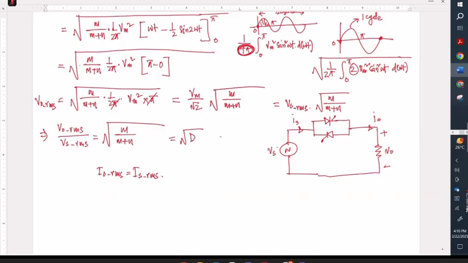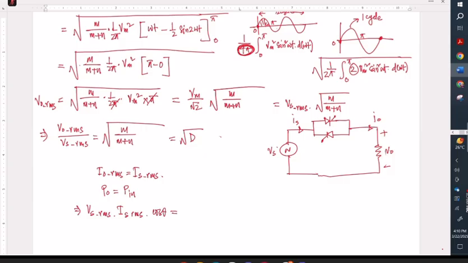Since we are considering it to be a lossless circuit, your input power should be equal to your output power. So we can write your input power is Vs RMS multiplied by Is RMS multiplied by cos theta.